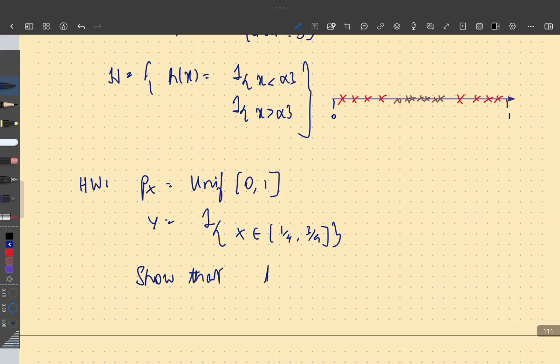Show that for any h, find a lower bound on R of h.